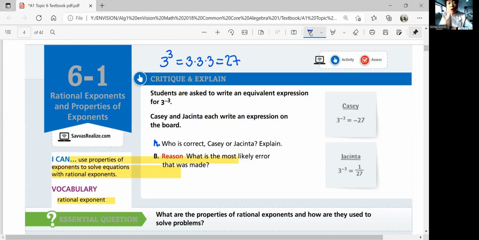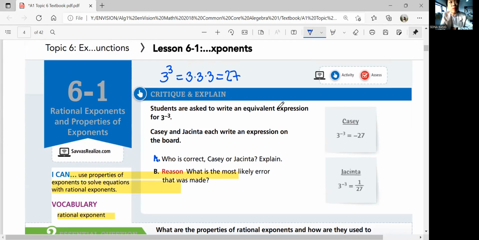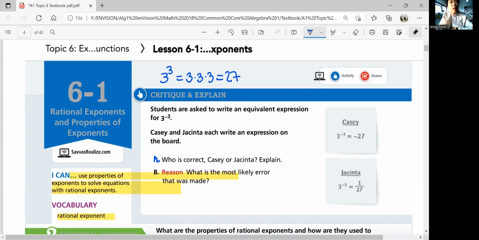Let's explore more. What about 3 to the second power? 3 times 3, so that's 9. What about 3 to the first power? That's just 3, right?